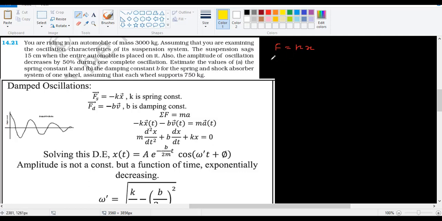So it means 750 into G, approximately 10. K is what is asked. X, they said it is compressing by 15 centimeter, which means divide by 100 meters. So do the math, we get the K value.